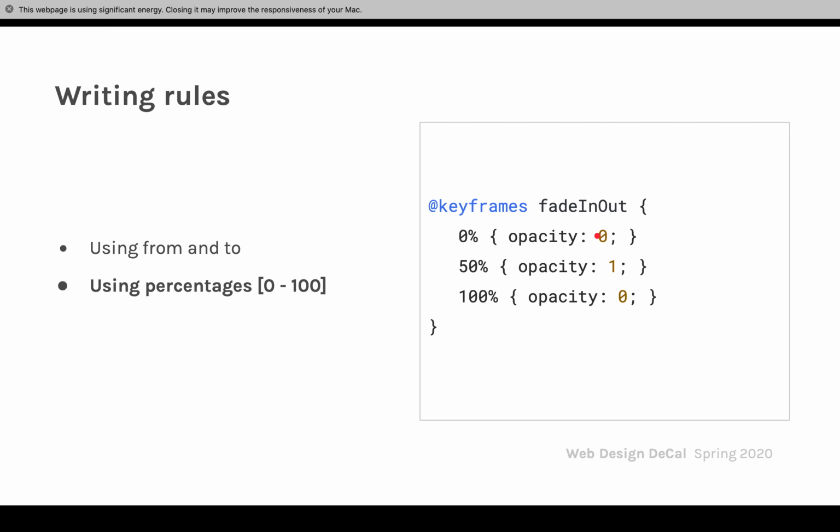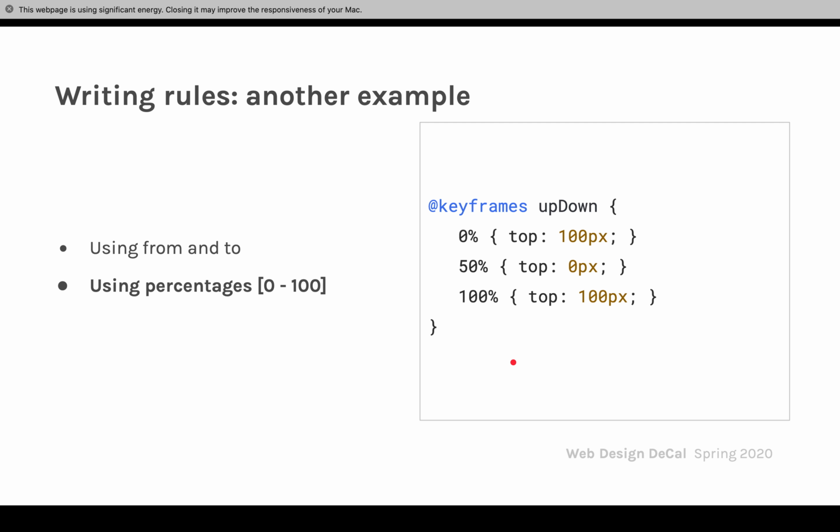It starts at 0 opacity, you can't see it. Then it fades into 1 and you can see it, but then it goes back out to nothing, so you won't be able to see the text or whatever you're applying this animation to. This is a good way to initialize animations that have multiple stages. If you have two stages, just use from and to.